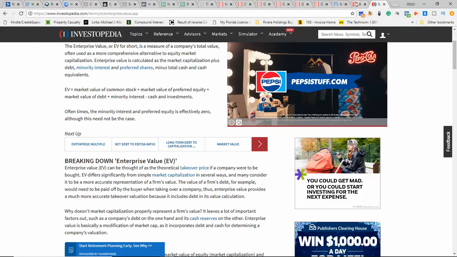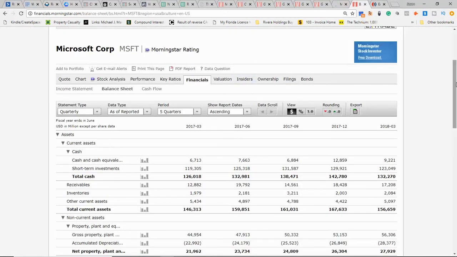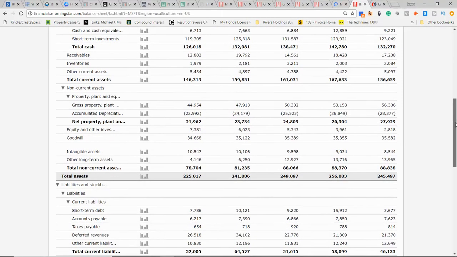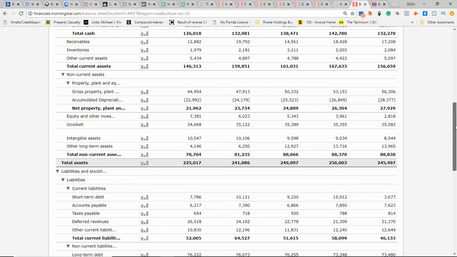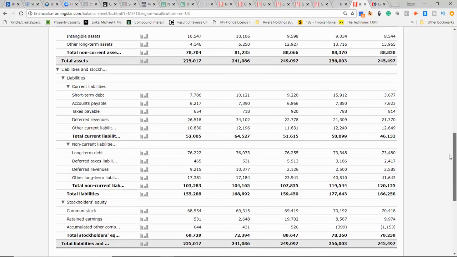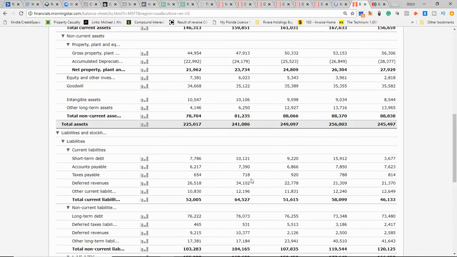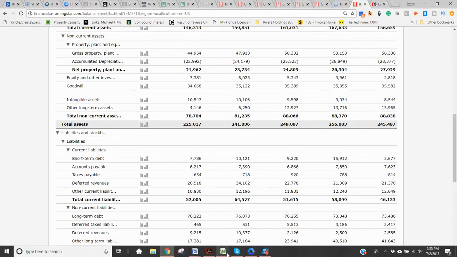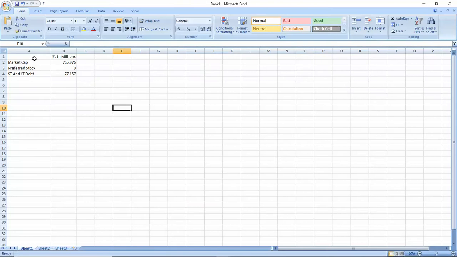Plus minority interest. And it has 0, looks like, because it usually says minority interest over here. If there is, zero.